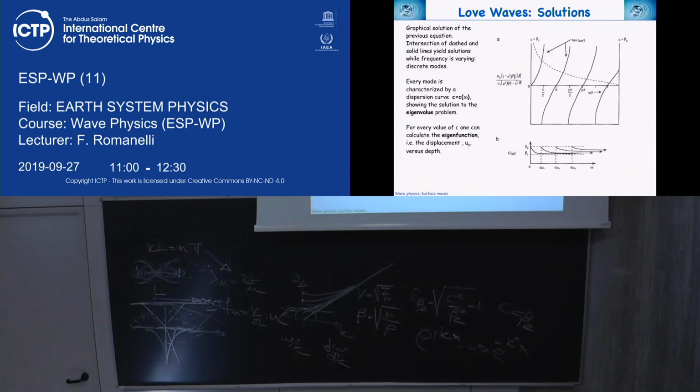By the way, the solutions of that problem, the c's in the omega-k plane, and I'm going to plot them, these are called eigenvalues. Once you get the c's, you go back and you write the u's, uy1, uy2. Those are called eigenfunctions. And these are called Love waves.